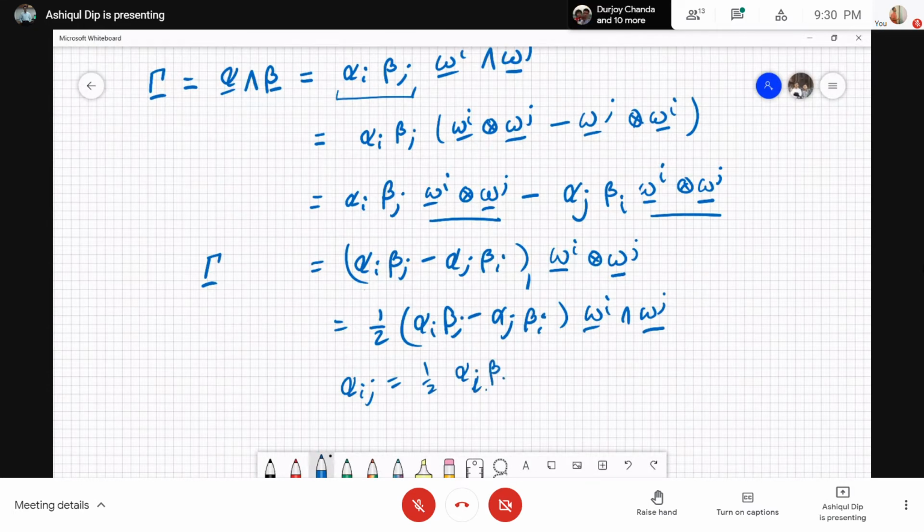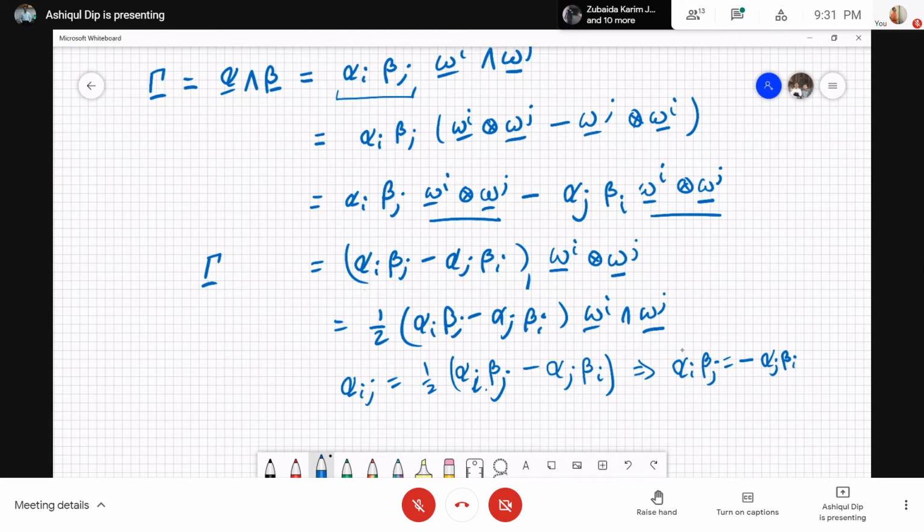This alpha and beta that we use to make this gamma, they are totally independent, right? Yes. So if that is true, then what this suggests is that alpha i beta j is equal to minus alpha j beta i.